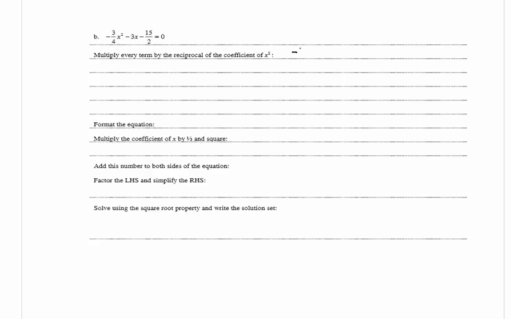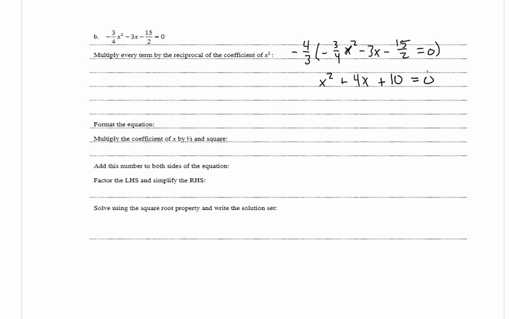So we're going to have negative 4/3 times negative 3/4 x squared minus 3x minus 15 over 2 is equal to 0. And we get x squared plus 4x plus 10 is equal to 0.